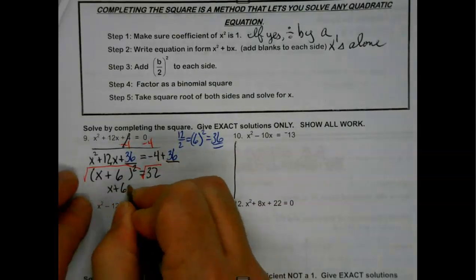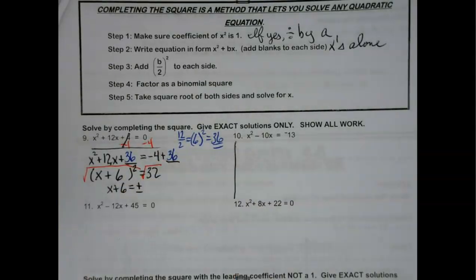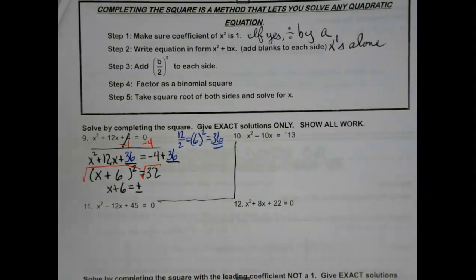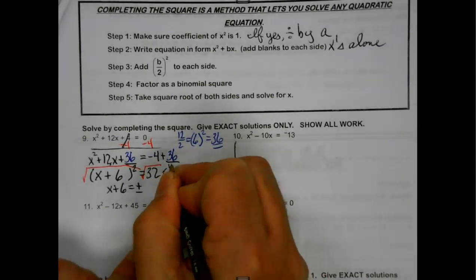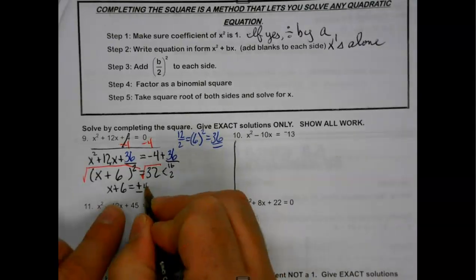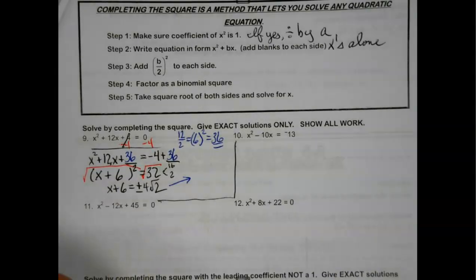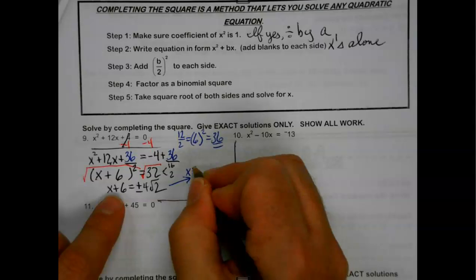X plus 6 equals plus minus. What's 32 broken down going to look like? Okay, 4 square root of 2, because it's 16 and 2. And so the last step now to get to my answer is just to subtract the 6 over.